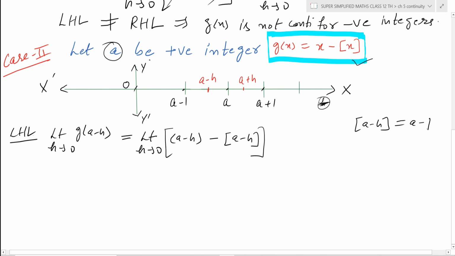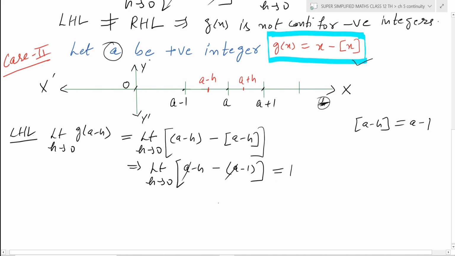So we can write limit h tends to 0, a minus h minus (a minus 1), a gets cancelled and h becomes 0 and we get the result to be 1.